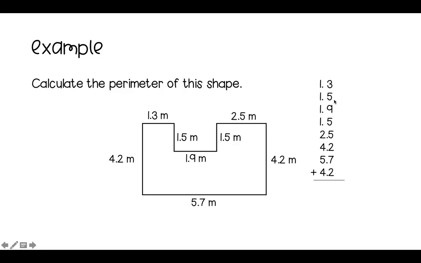So we'll start by adding up this column here, and what we get is 38. So 8 is at the bottom, and we carry that 3 and put a decimal here for 1 decimal place. Then we add up this side here. And when you add that all together, you get 22. So the perimeter of this shape is 22.8 meters.